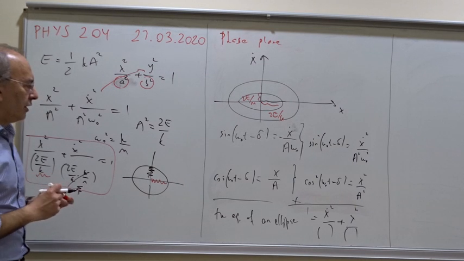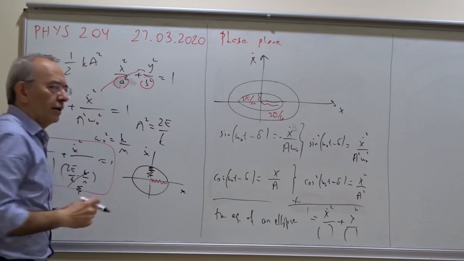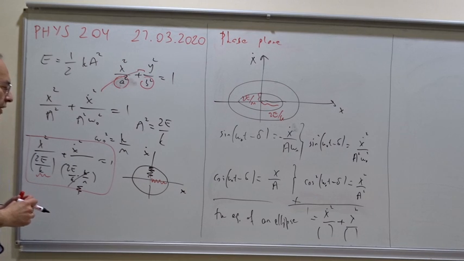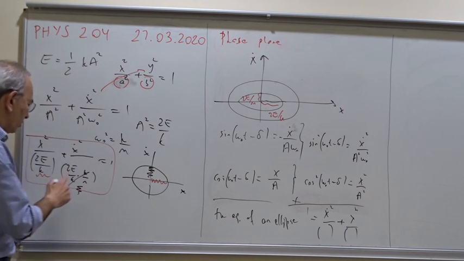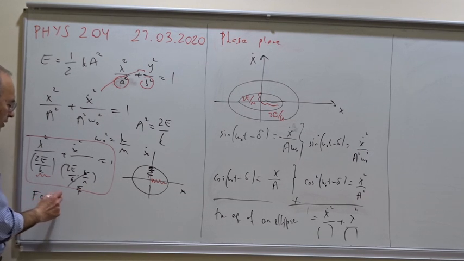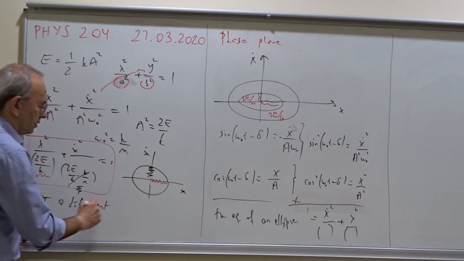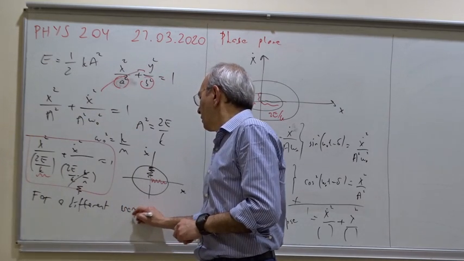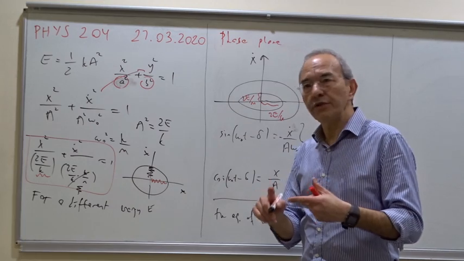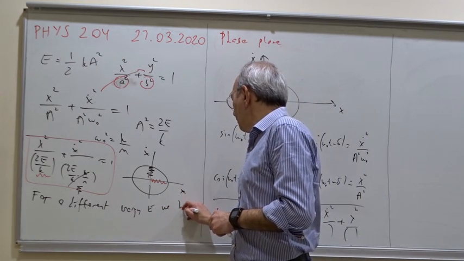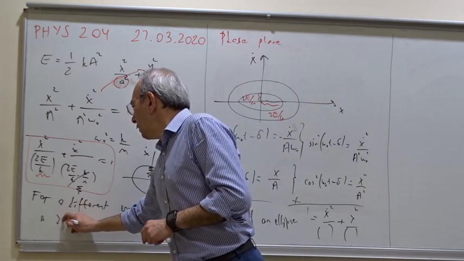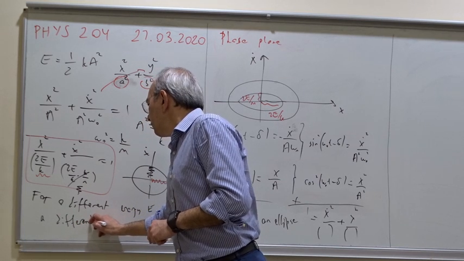So we can find the major axis and minor axis values from the equation here: 2E over k, 2E over m. Because they depend on energy, for a different energy E, we have a different ellipse.